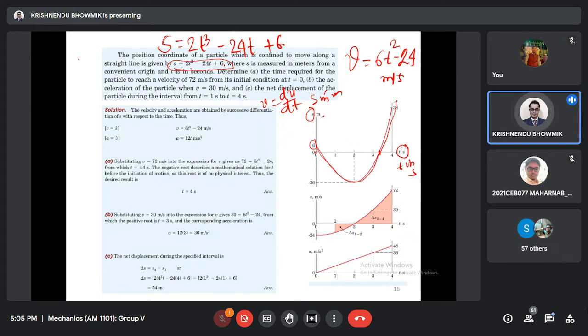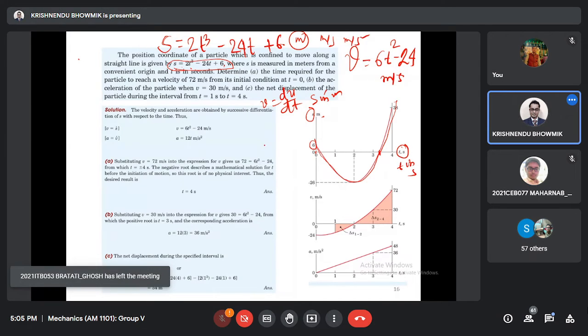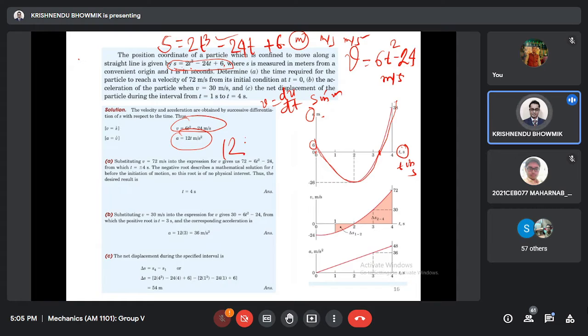You can see s will be in meter, so v will be meter per second, and acceleration will be meter per second square. That you know first. You do the derivative of this, you will get v. You do the derivative once again, you will get the acceleration. Say 12t is the acceleration. When t equals 0, this is the acceleration.